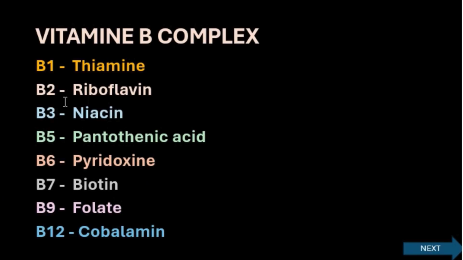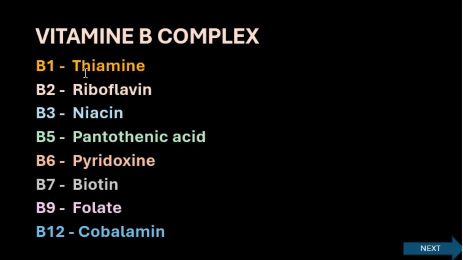Let us see the chart of the vitamin B complex here. The color coding and the numbers you have to remember for better memory in exam. B1 thiamine, B2 riboflavin, B3 niacin, B5 pantothenic acid, B6 pyridoxine, B7 biotin, B9 folate and B12 cobalamin.